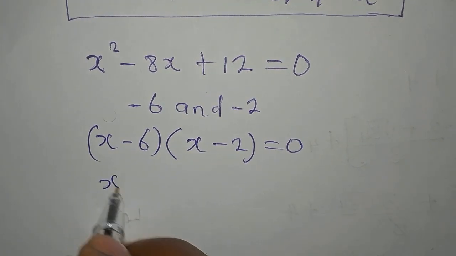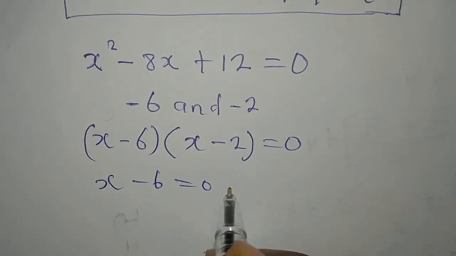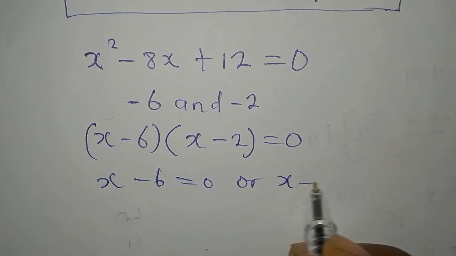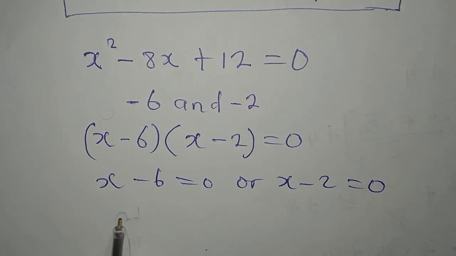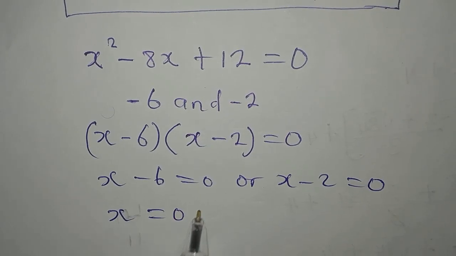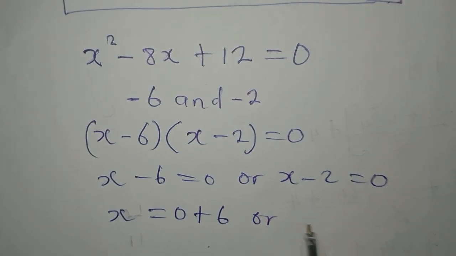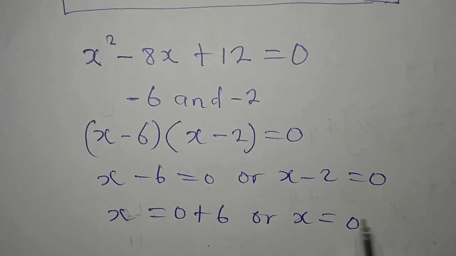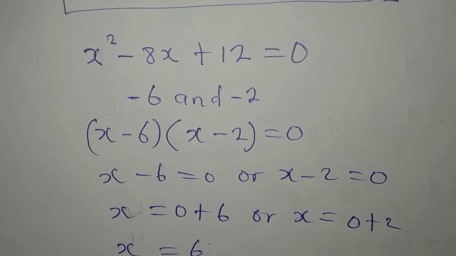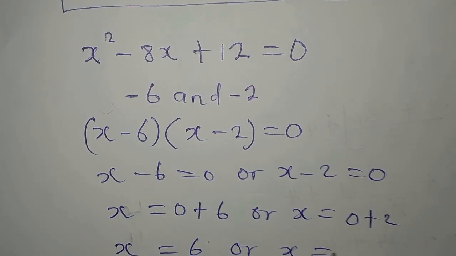Now x − 6 equals 0, or x − 2 equals 0. x is equal to 0 plus 6, or x is equal to 0 plus 2. So we are saying that x is equal to 6 or x equals 2.